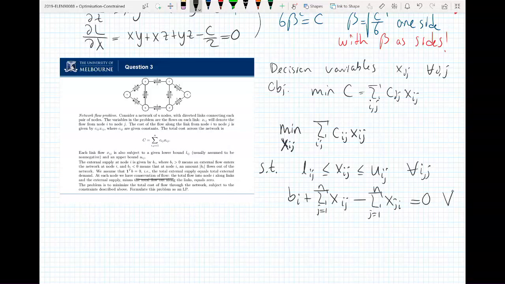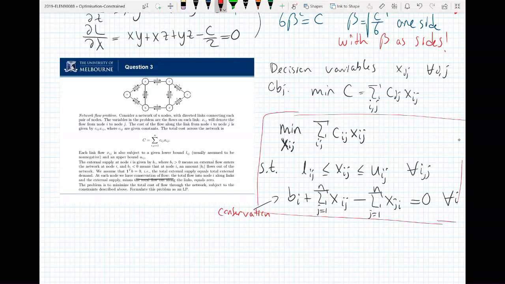So this is for all i. For each node, I can write this conservation equation. Right? This is the conservation equation. And that holds again for power and current and data, depending on how you do it. So note that that's it. That's your answer.